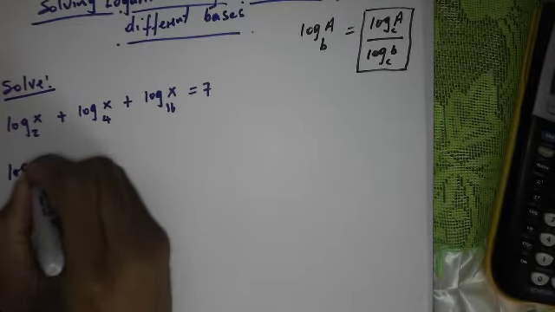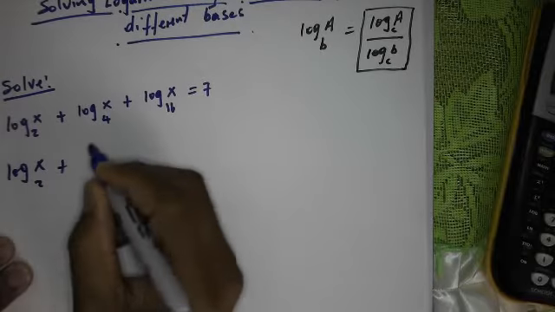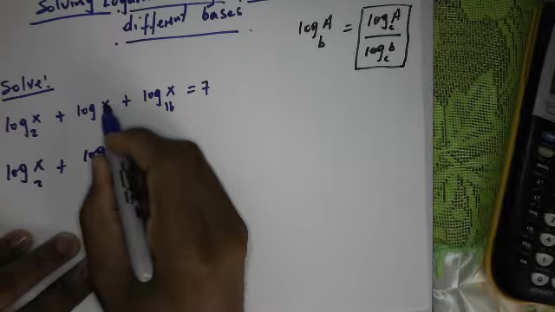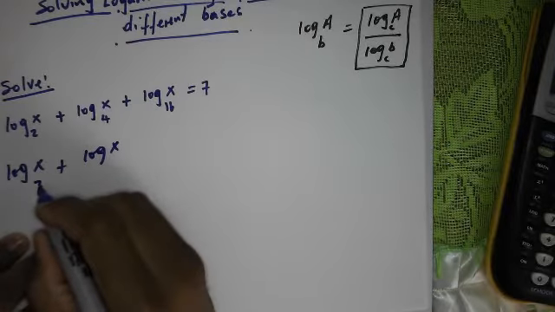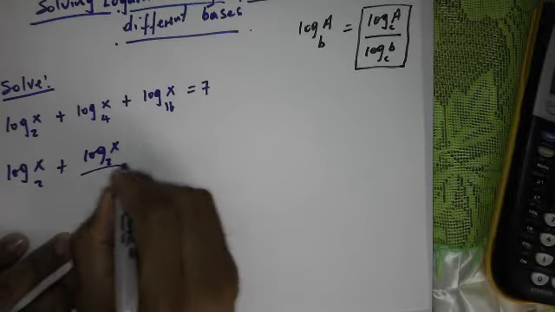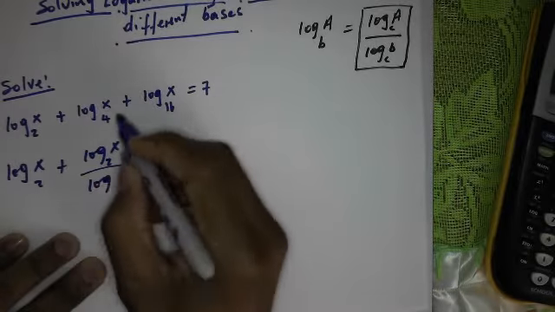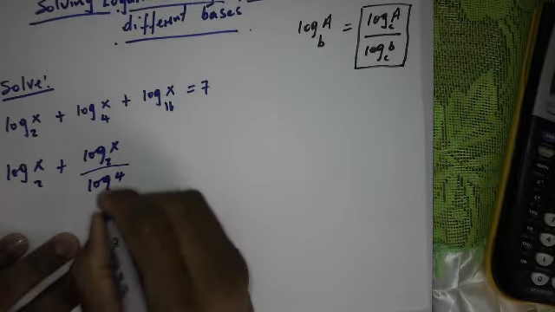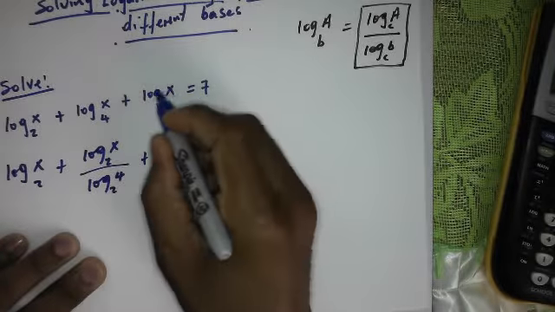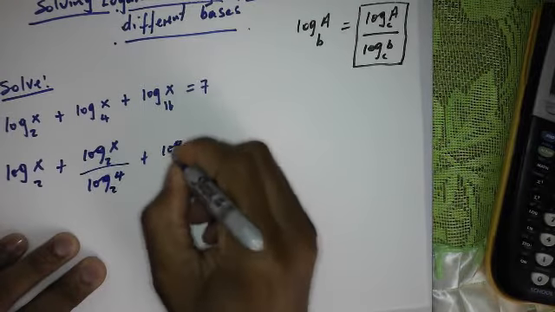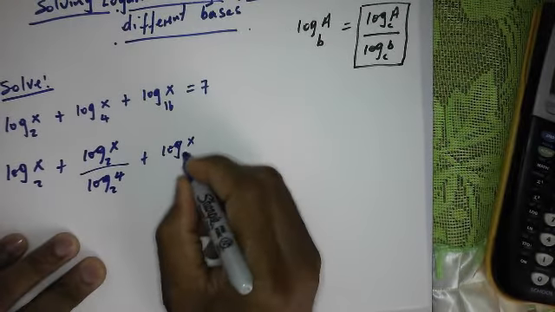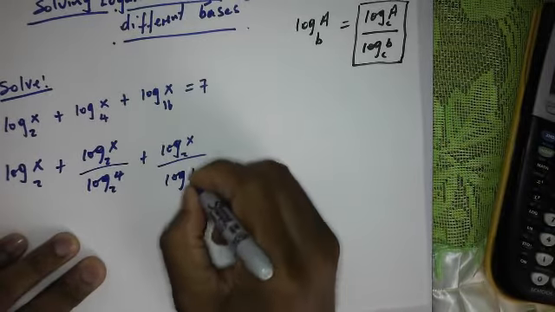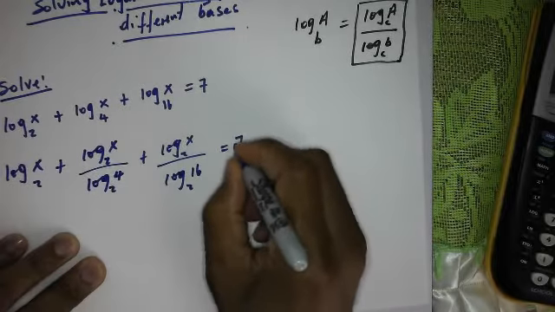Alright? So I'm going to rewrite this part. So it is log x base 2 plus, in changing the base, it's going to be log x base 2, because I want it to be this base, divided by log of this number now, which is 4, and I'm going to keep the same base here, which is 2, plus, I'm changing this as well, so it is log x base 2 divided by log of 16 base 2 equals 7.